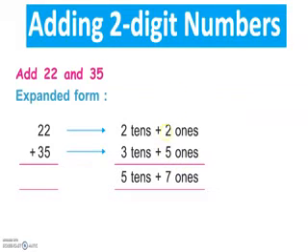Here ones place digits are 2 and 5. 2 plus 5 is 7. And now we have to add tens place digits. 2 plus 3 is 5. So 5 tens plus 7 ones. What is the answer? 57.